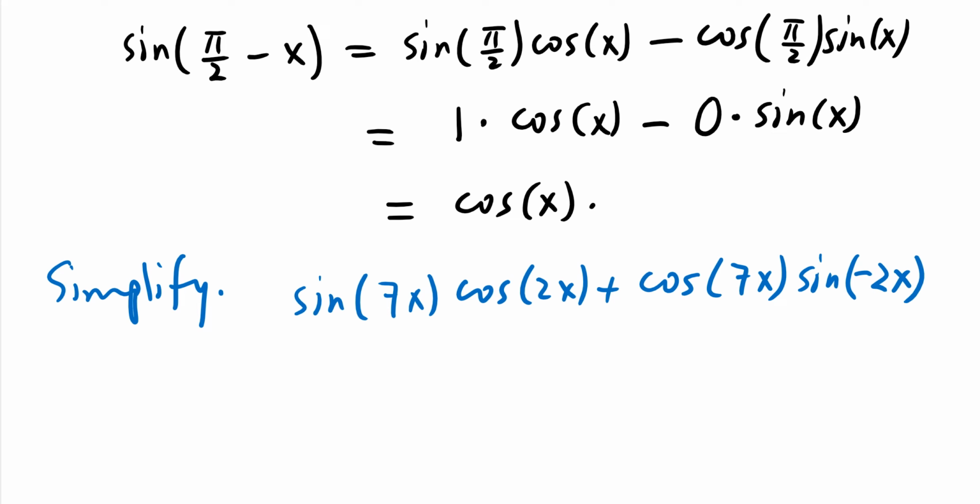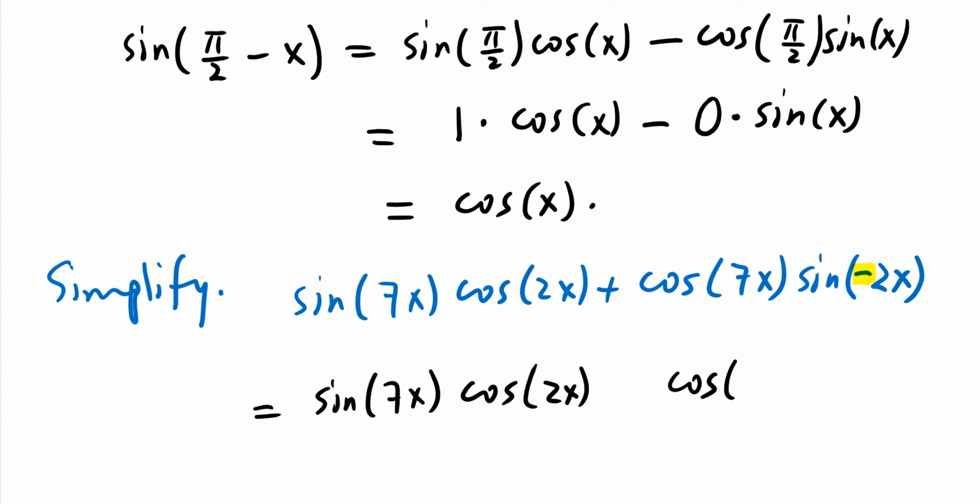This looks like sine A cosine B plus cosine A sine negative B. So that negative sign here bothers me. What should I do with that sign? Well, the first thing we do is rewrite this the same, just to take care of that highlighted sign. Keep cosine 7x the same.